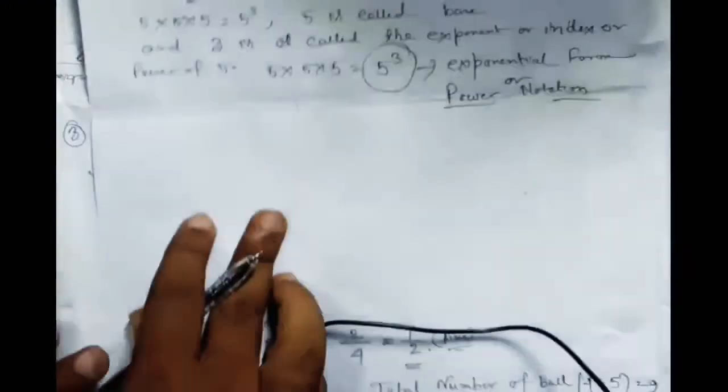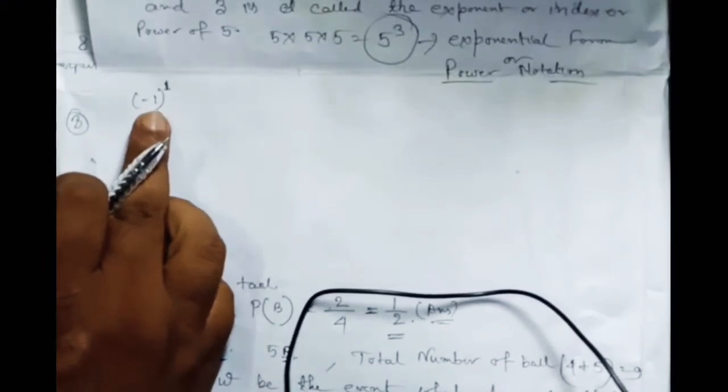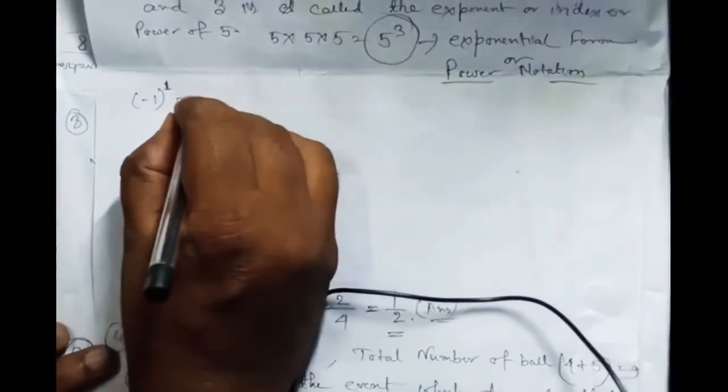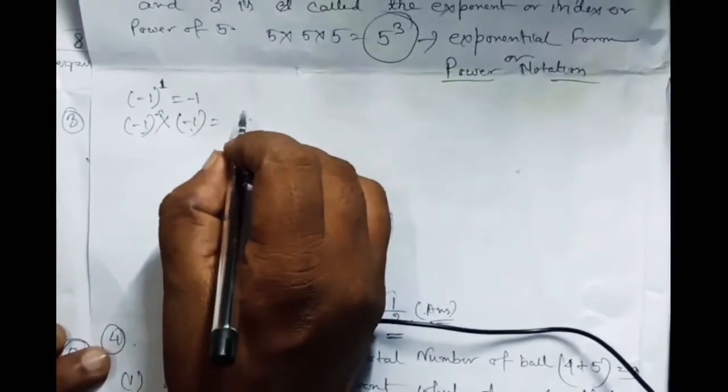we have to consider one number, that is -1. So -1 means there is always a 1 present in the head of this; the exponent of -1 is 1. So that equals -1. Now again if we take -1 into -1, minus into minus is plus, we know always.